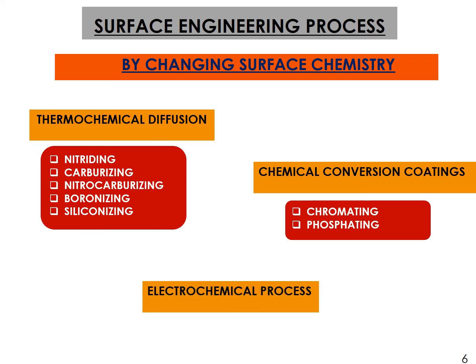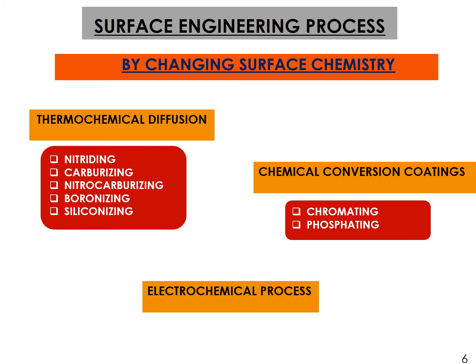Now, a very common process, the electrochemical process. Again, it comes under the category of changing surface chemistry. We know what electrochemical processes are, so I'm not discussing this in detail. In short, these are the processes which normally are carried out as a finishing operation.